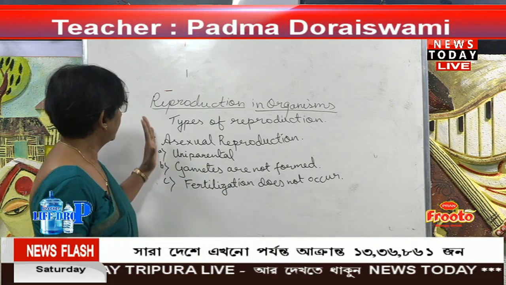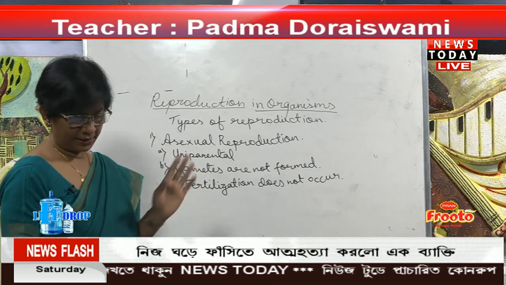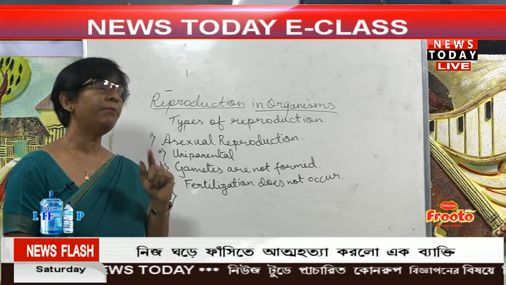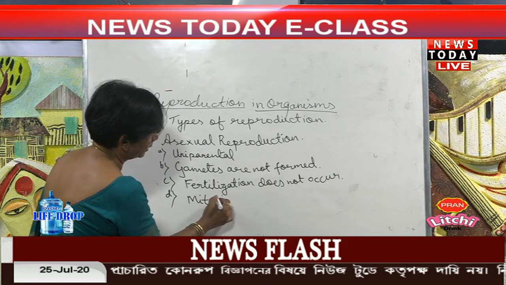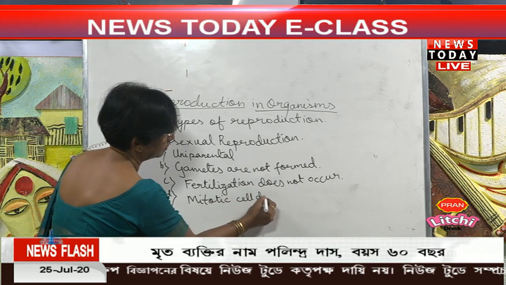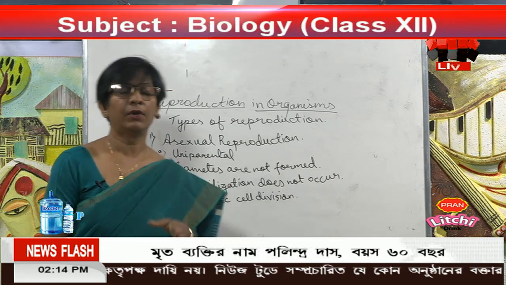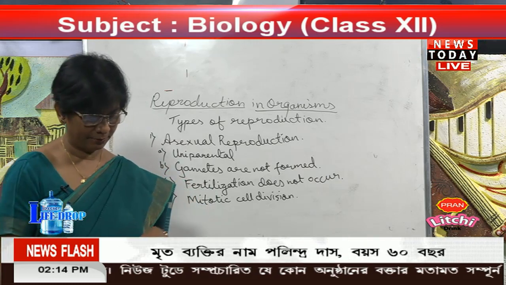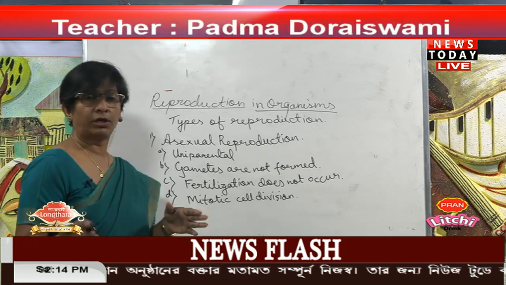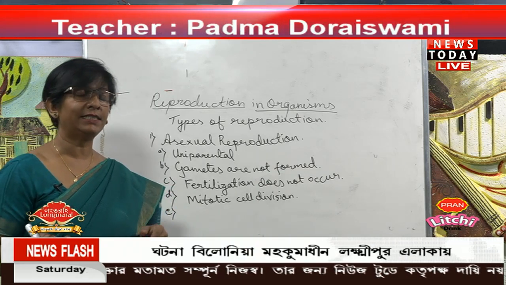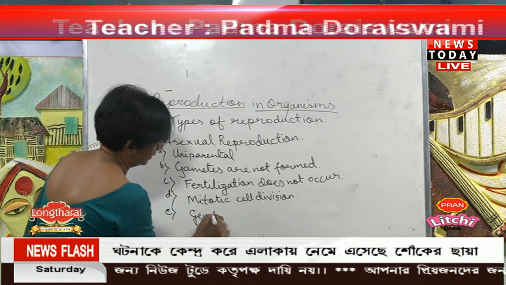These are the characteristics of asexual reproduction. If this is there, there will be only mitotic division. If cell division is taking place, it is mitotic cell division, where the cell divides from 1 to 2, 2 to 4, like that. Then we get daughter cells, the newborns, that are genetically identical to the parents.